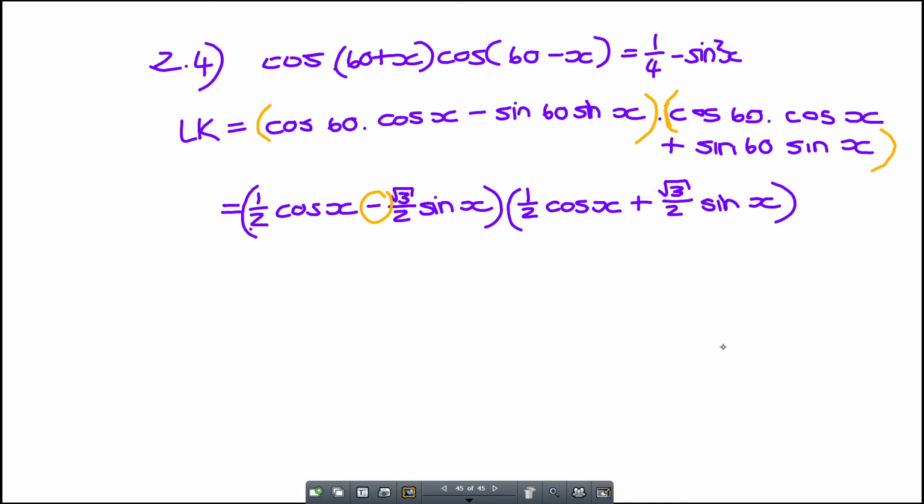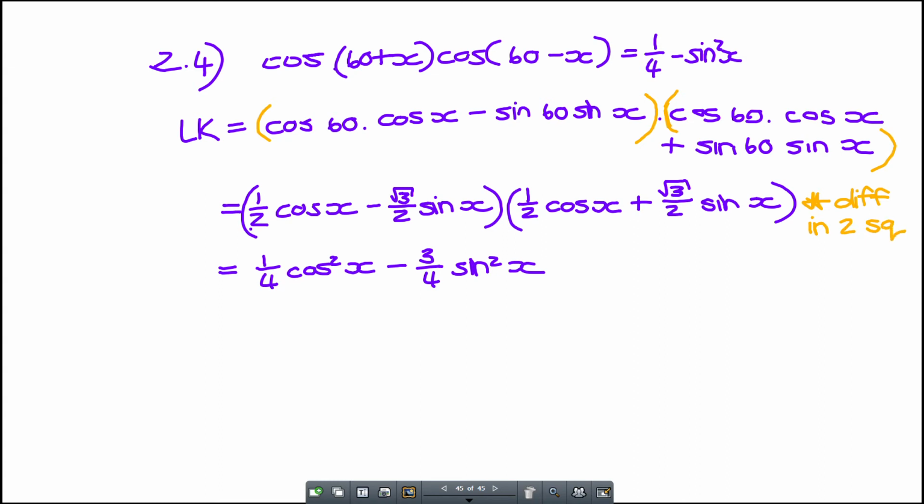Okay, in other words, that is equal to a quarter cos squared x minus then 3 over 4 sin squared x. Ek gaan nou hierso vir jou skryf. Difference in two squares, no? Okay, everyone fine up until there?